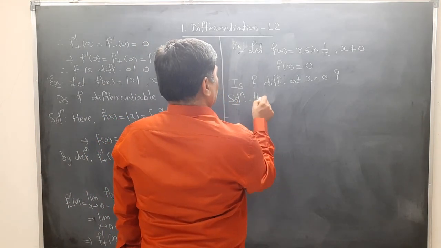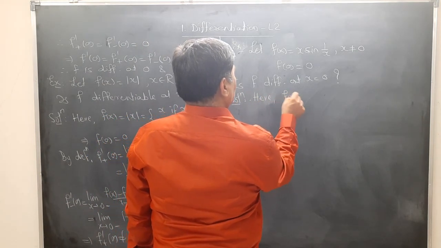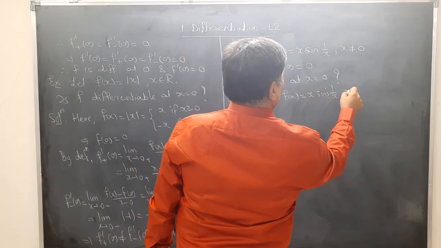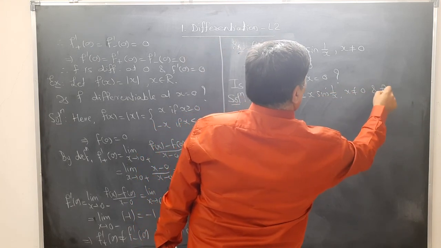So here f(x) is equal to x sin(1/x), x not equal to 0, and f(0) is 0.